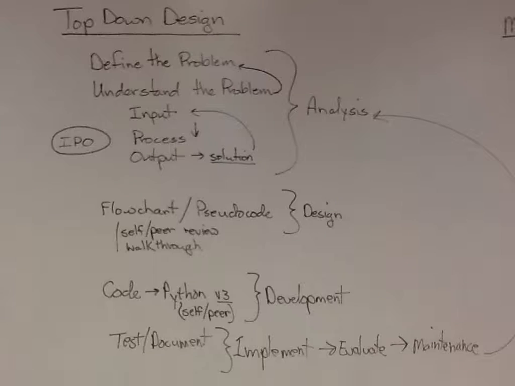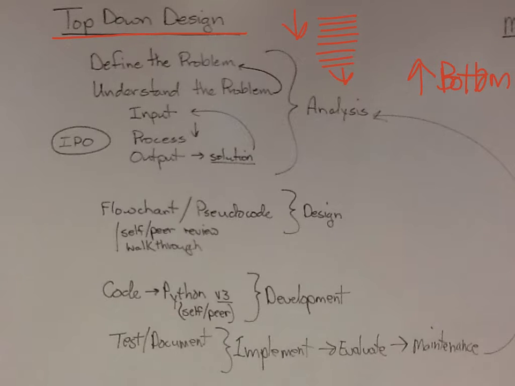That's the last of the top-down design. We talked about designing from the top down. You analyze and develop and make sure you have everything right before you actually code. Bottom up, we talked a little bit about that.